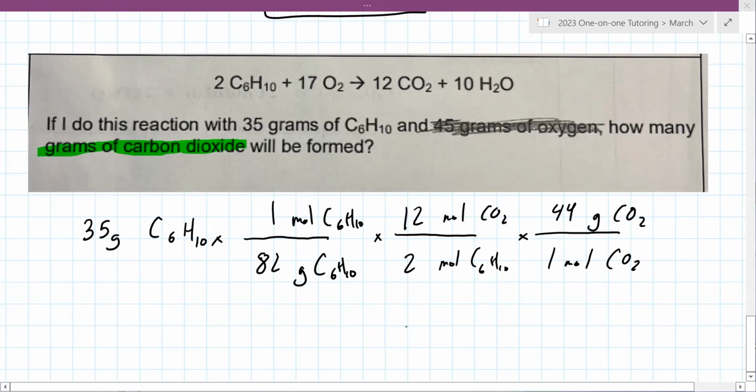Yeah. Oh, whoops. Sorry, I multiplied them. Divided by. I got 112 or 113 grams of CO2. Nice.